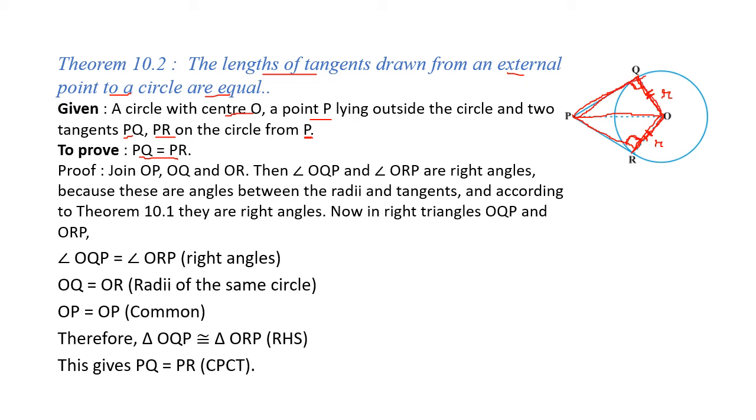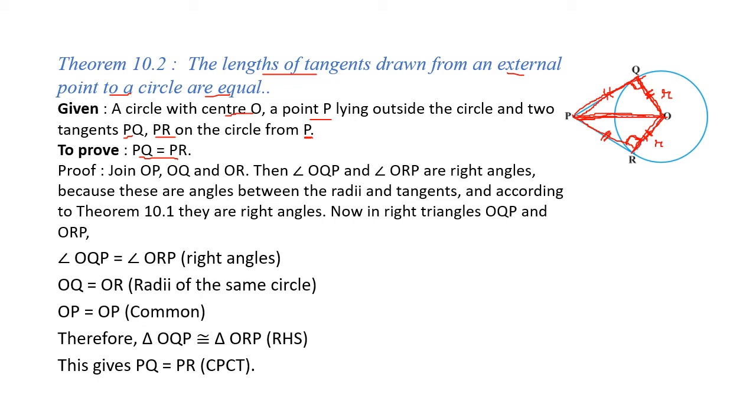So these two are 90. And OP is the common side to both the triangles. So by the RHS condition, right angle, hypotenuse, side, the two triangles are congruent. And because the two triangles are congruent, the lengths of the tangents are equal.